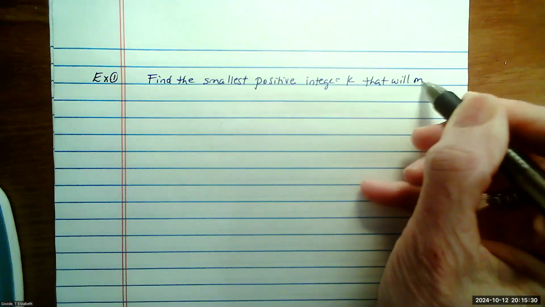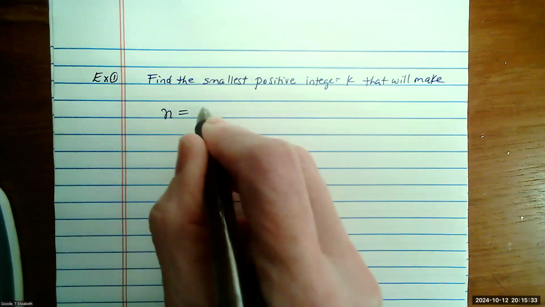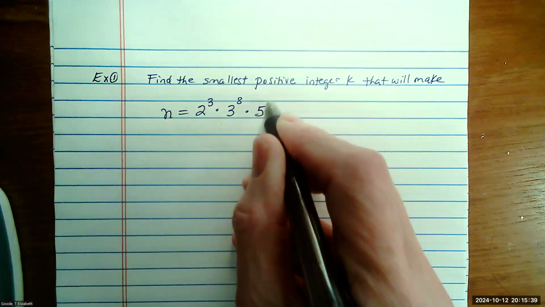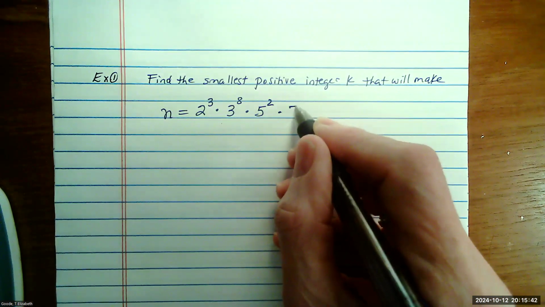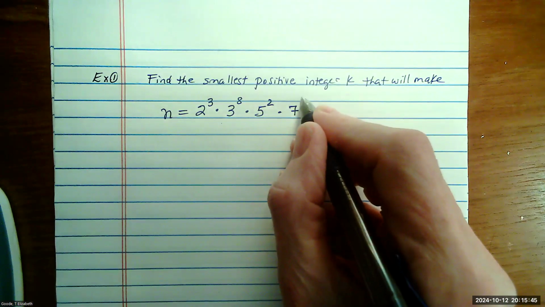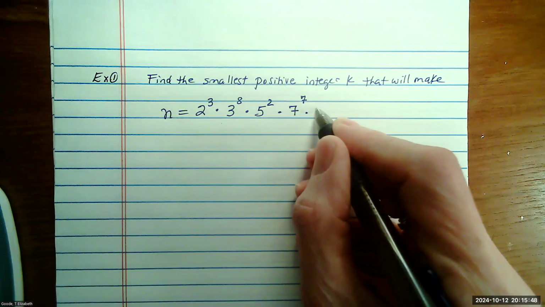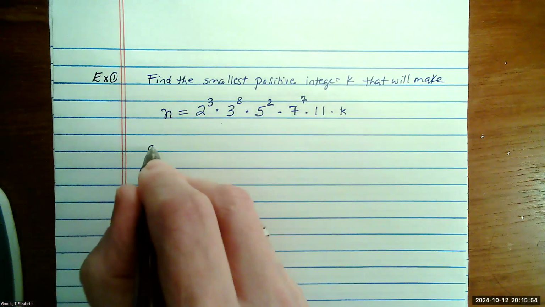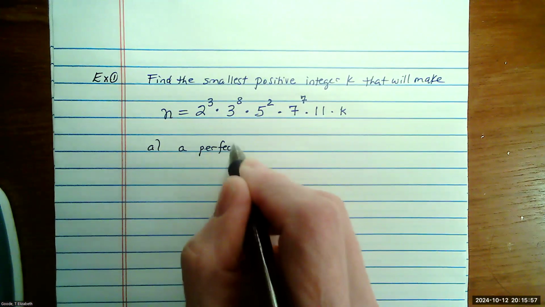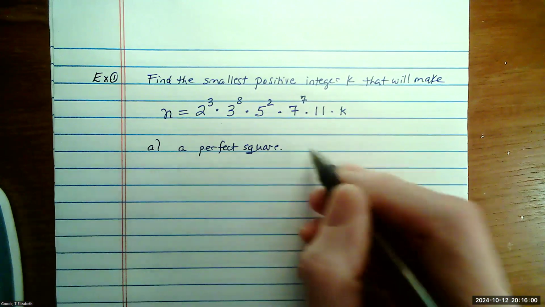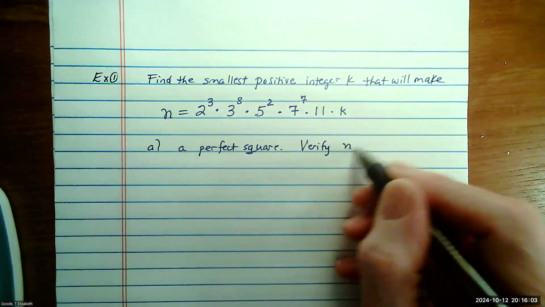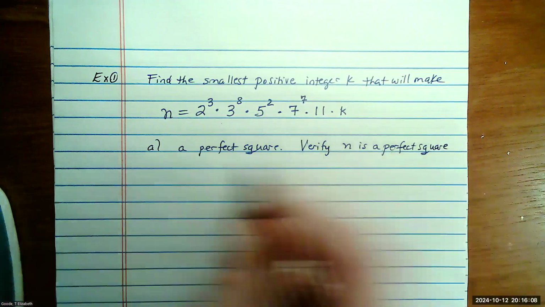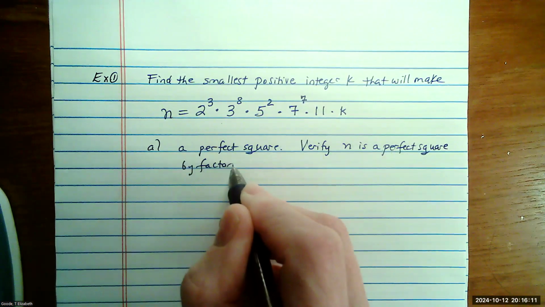Integer k that will make, let's call it n, say n equal 2 cubed times 3 to the 8th times 5 squared times, let's just add a few more in here, say 7 to the 7th, why not, times, say, 11 to the 1 times k, a perfect square, and verify n is a perfect square by factoring it as a perfect square.